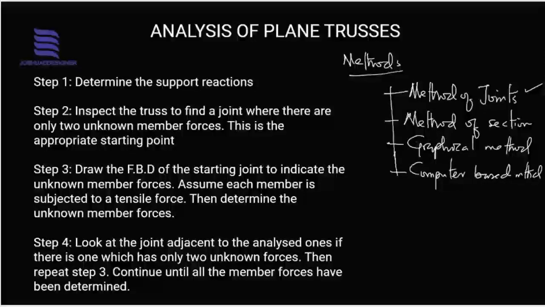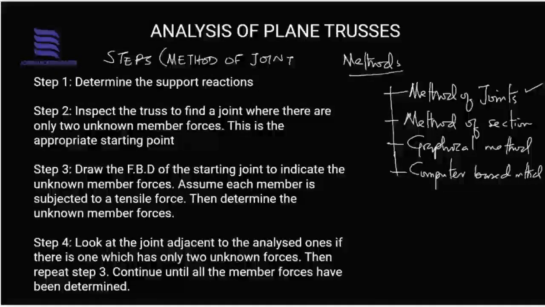These are the steps for the method of joints. If we want to go by the method of joints, you have to bear in mind the following steps. Step one says determine the support reactions. Step two says inspect the truss to find a joint where there are only two unknown forces.